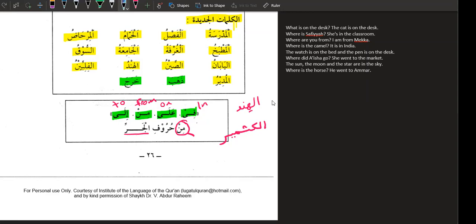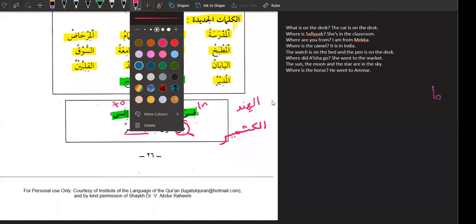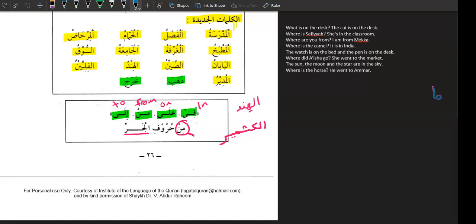So first of all, we have: what is on the desk. So it would be ماذا على المكتب. ماذا على المكتب means what is on the desk. The answer: the cat is on the desk.